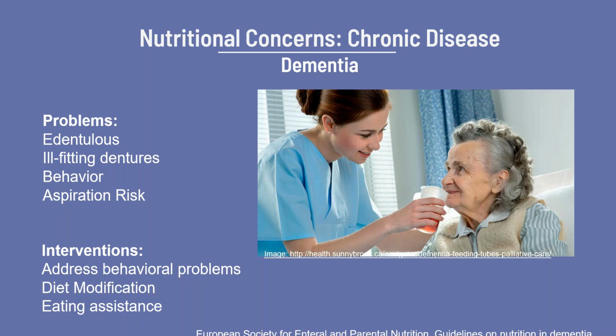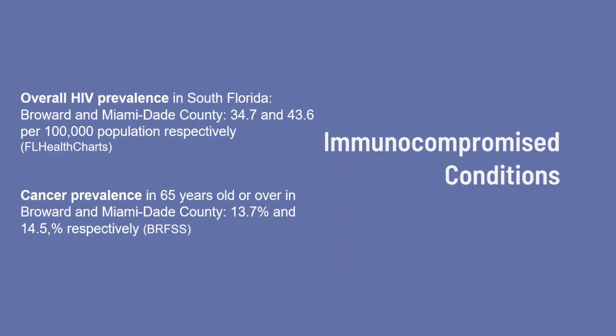And again, oftentimes eating assistance is necessary from a caregiver or family member to either cue the individual to eat food or drink, up to the point of actually feeding the patient the food directly. So these are concerns or considerations that we want to make when assessing these patients for nutritional concerns.